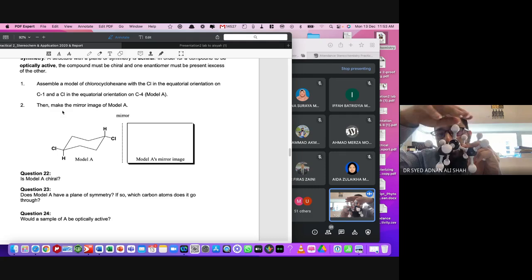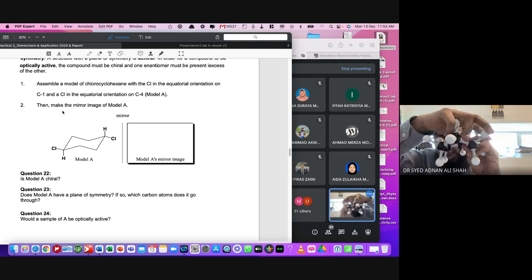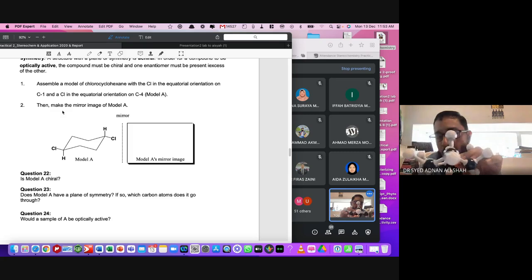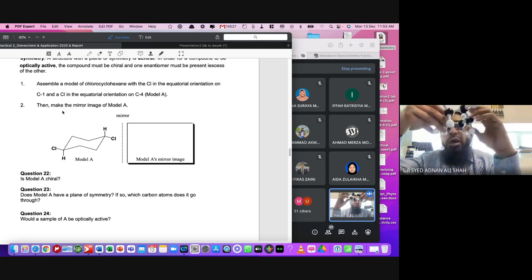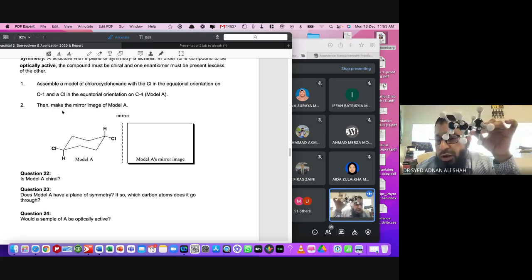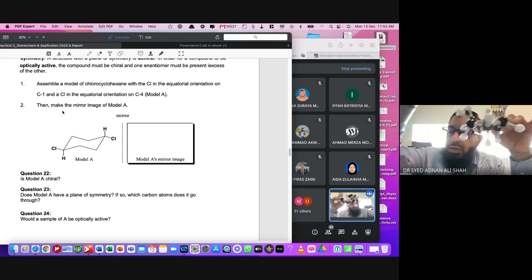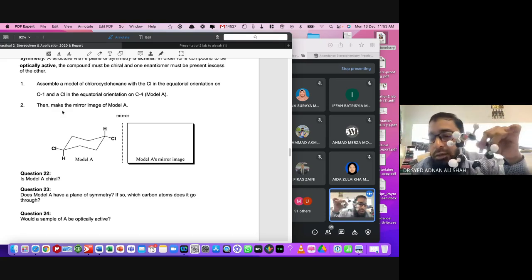All 6 hydrogens on the top are axial, and the other 6 hydrogens, like this, are equatorial. If you change one conformation of cyclohexane into another conformation of cyclohexane, axial hydrogens will become equatorial and equatorial hydrogens will become axial, but the molecule will be the same.